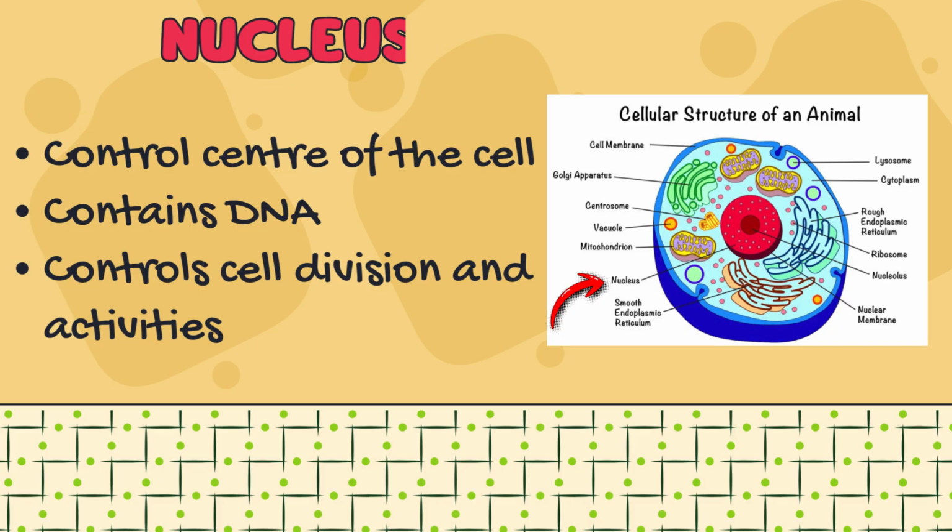In the nucleus, the head office, where the CEOs are making the important decisions. So the nucleus contains DNA. The nucleus is the control center, and it controls cell division and activities. It controls how the cell will multiply and what the function of the cell will be. That's where all of that happens, in the nucleus.